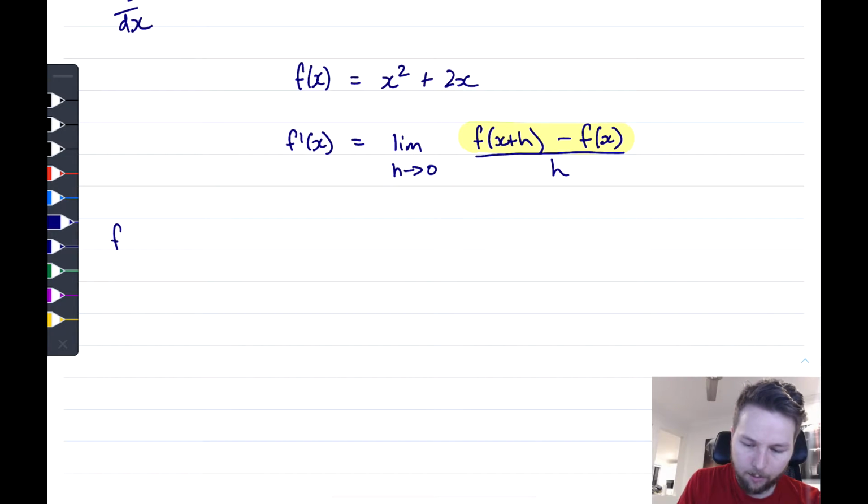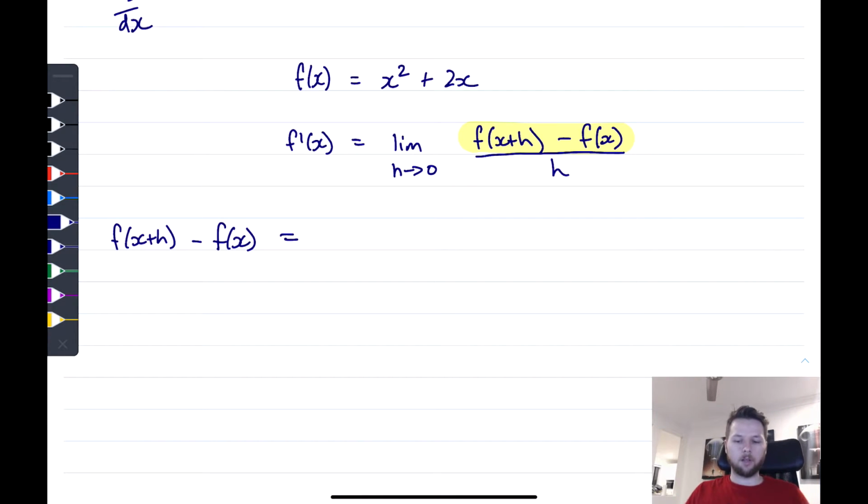I'm going to write f of x plus h minus f of x is equal to. Now this is function notation. We've done this a few times. Our original function is x squared plus 2x. That's f of x, but we want f of x plus h. So wherever we see an x in our original function, we're going to replace that with x plus h.